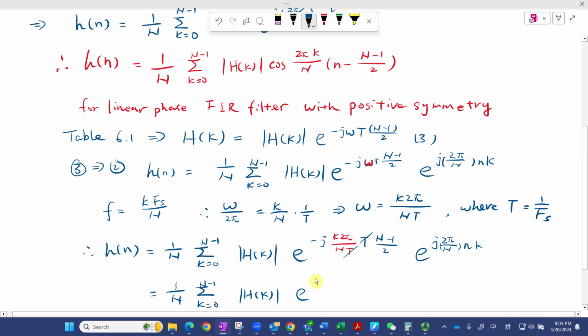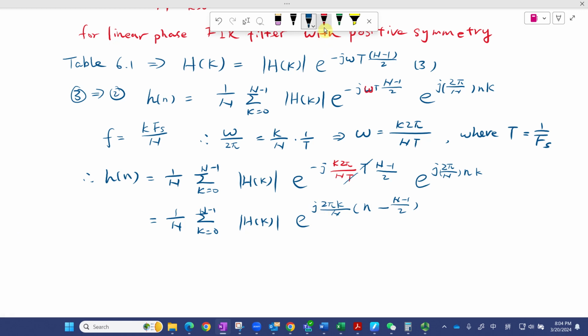So we get this common j term, 2 pi k over capital N. Then lowercase n is left from here, and this minus sign here, capital N minus 1 over 2.